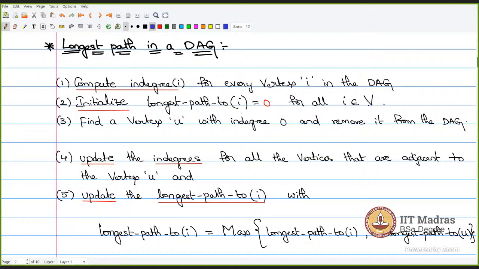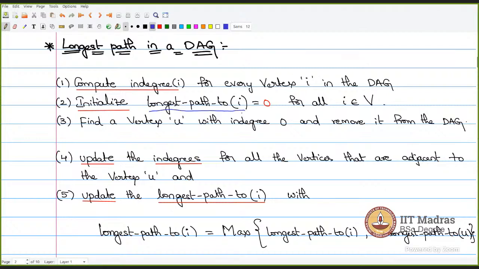After computing that, now we initialize. I hope you are all doing CT, so you know what initialization means: before the start of the process, we start with something. What we initialize is this function longest path to, of every vertex, to 0.